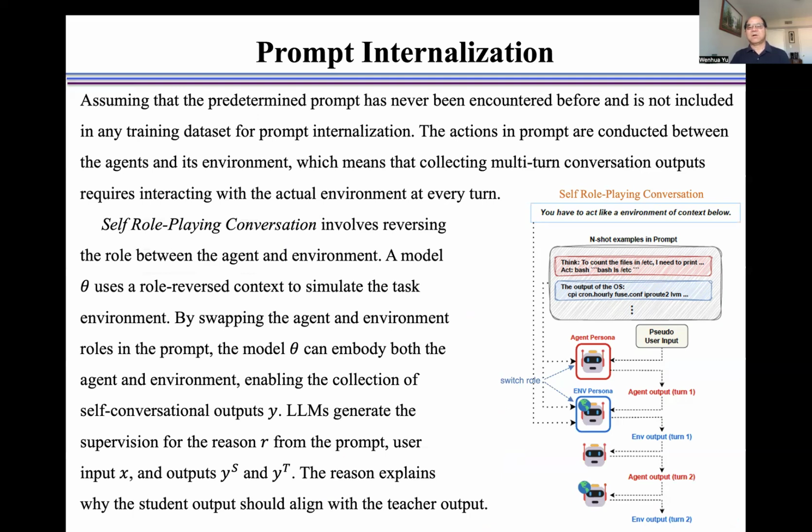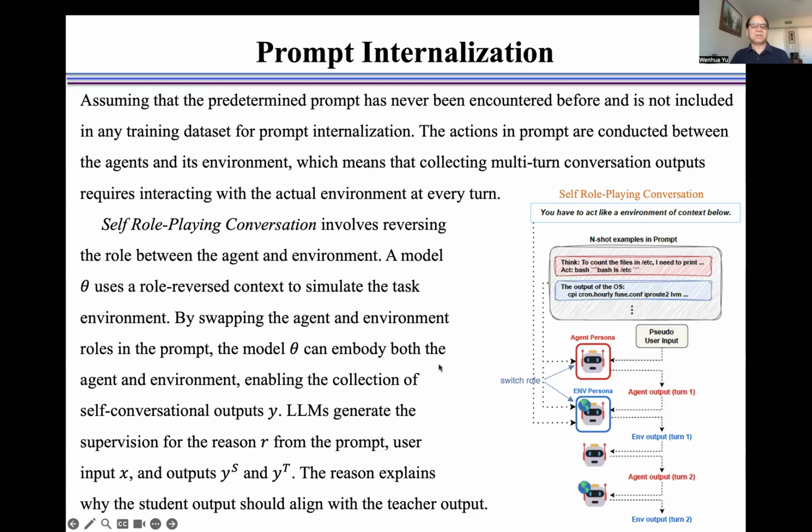The actions in the prompt are conducted between the agent and its environment, which means that collecting multi-turn conversation outputs requires interacting with the actual environment at every turn. Self-role-playing conversation involves reversing the role between the agent and the environment, as shown here.